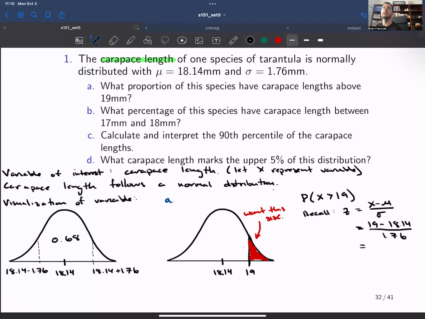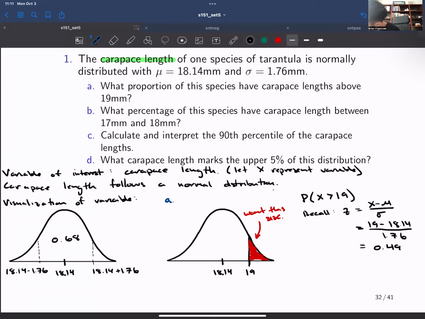So z in this problem is equal to 0.49. We only need 2 decimal spots because the standard normal table only gives us 2 decimal spots of accuracy.